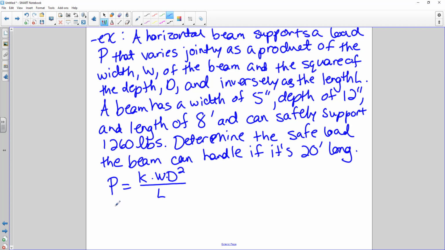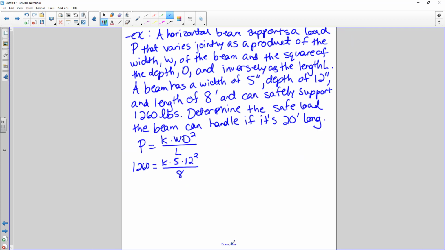So a beam has a width of 5, so I'm not going to know K. Width is 5, depth is 12, and the length is 8 feet, and it can support 1,260 pounds. I'm mixing inches and feet, but as long as I'm using the same units in the other part of what I'm trying to figure out, it should be okay.